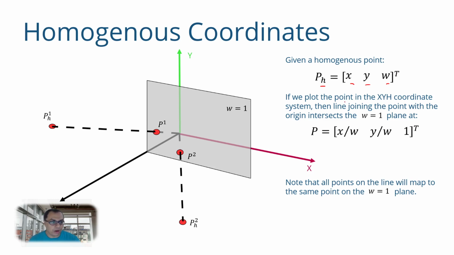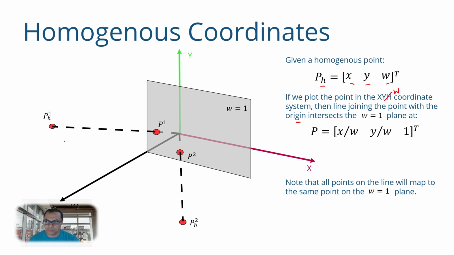If I plot the point in the xy, I'm sorry, this should have been xyw coordinate system, right, because we are calling the third coordinate axis w. Then the line joining the point with the origin.